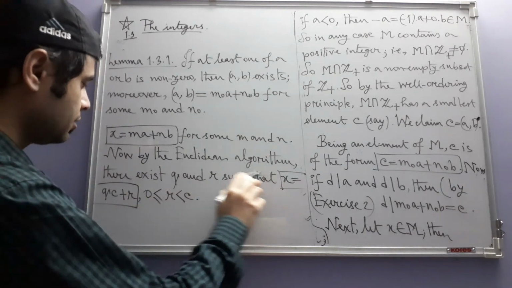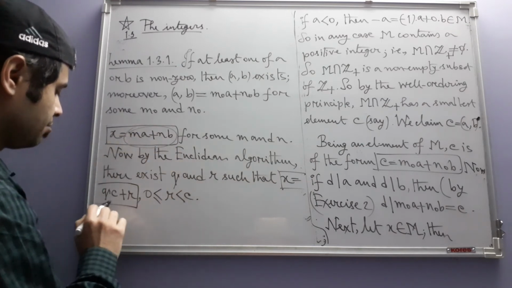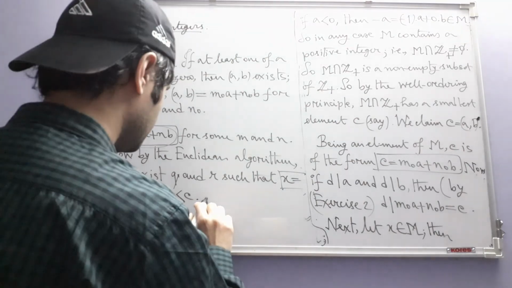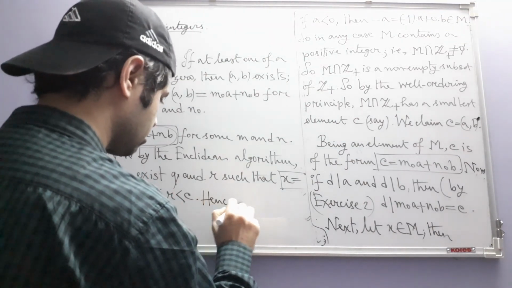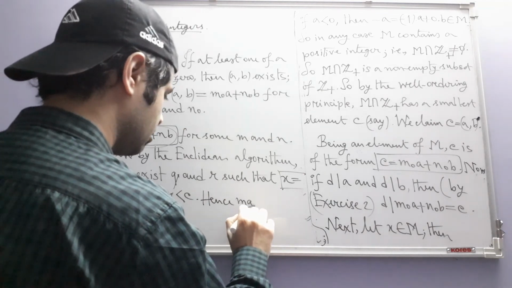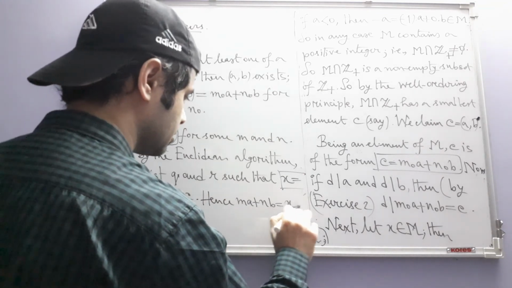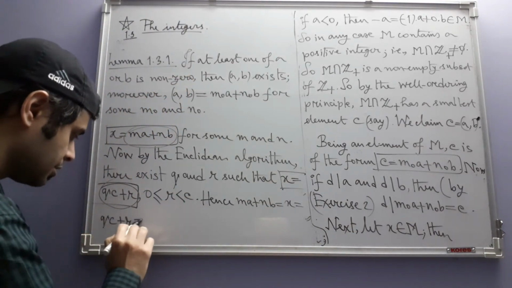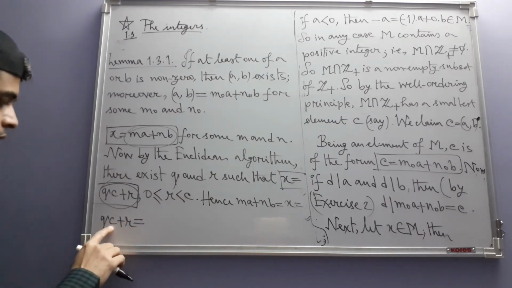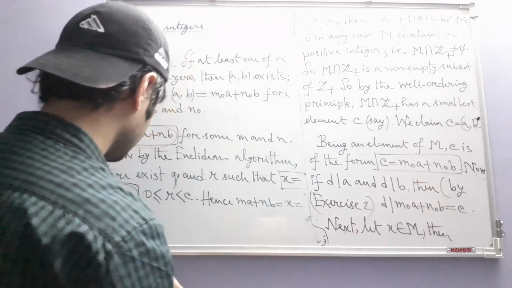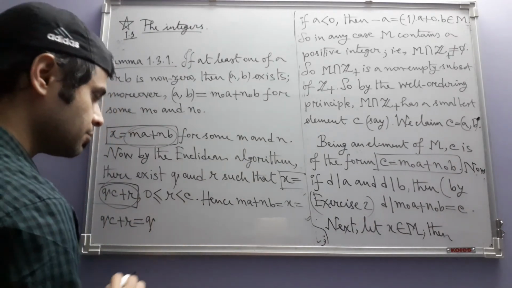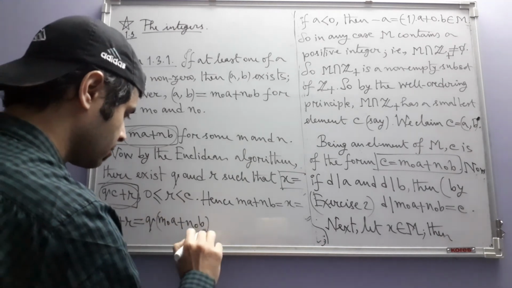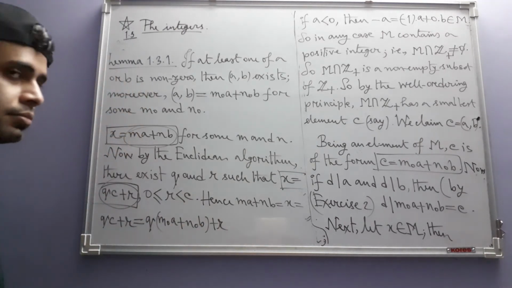First of all, we equate these two expressions, M A plus N B and QC plus R, because both of them are equal to X. Hence, M A plus N B is equal to X is equal to QC plus R. But this is not where it ends, because in place of C I can use this expression. So this is equal to Q times M naught A plus N naught B plus R. Okay.